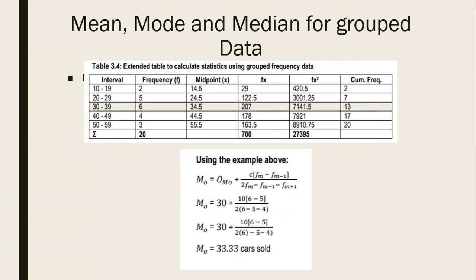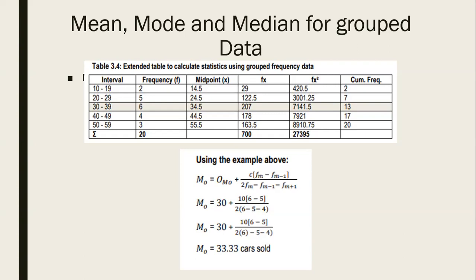So, recap: there are two types of data, ungrouped data and grouped data. When it comes to measures of central tendency, that is your mean, mode, and median, there are different formulas for those different types of data.